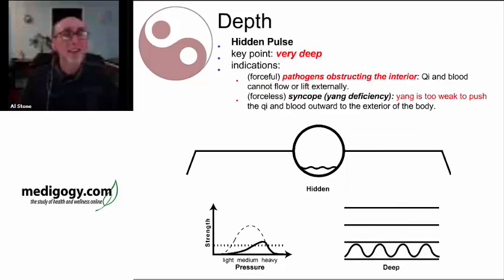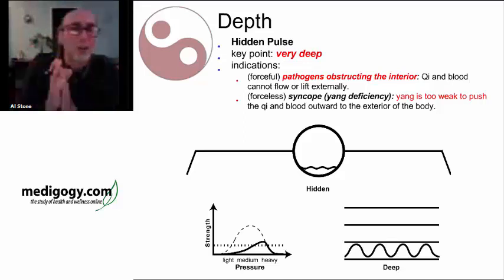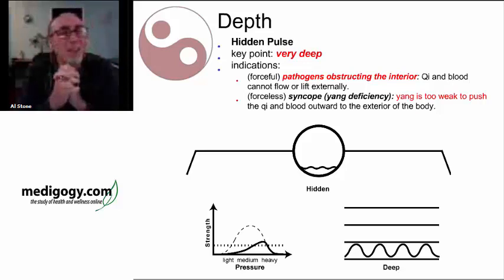Now here's where things get ridiculously simple. Here we have a whole new pulse that you're expected to learn and know inside and out. But the fact is, it's really no different than the deep pulse. It's just a little more so. And in fact, the indications are identical.